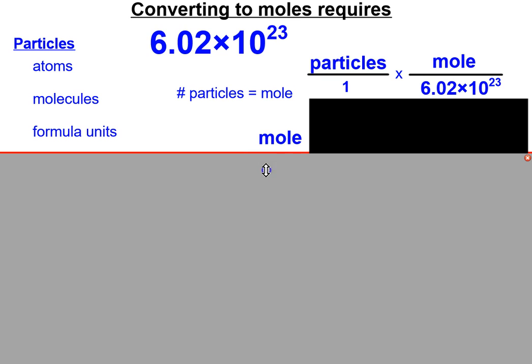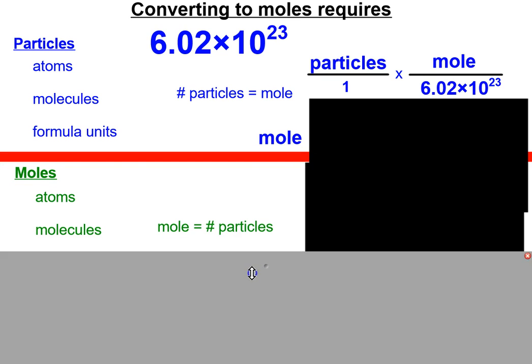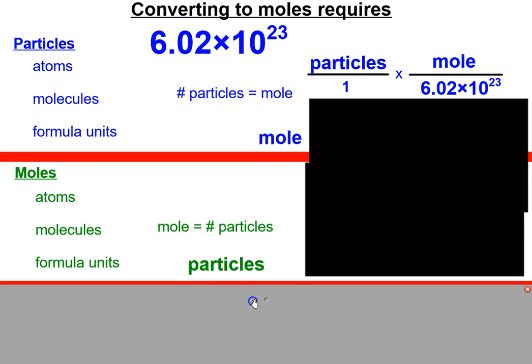Now, here is really the other side of the same ball game. Oh, wait a minute, Mr. Wigger. I see moles. I see atoms, molecules, formula units. And I see atoms, molecules, formula units in both of these. Oh, is there a difference?